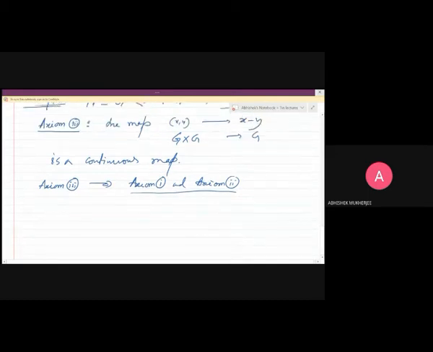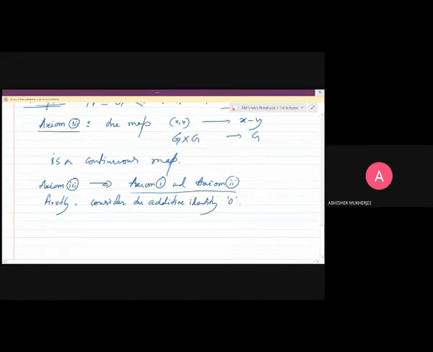Because you just consider, firstly, the additive identity, which is denoted by 0.